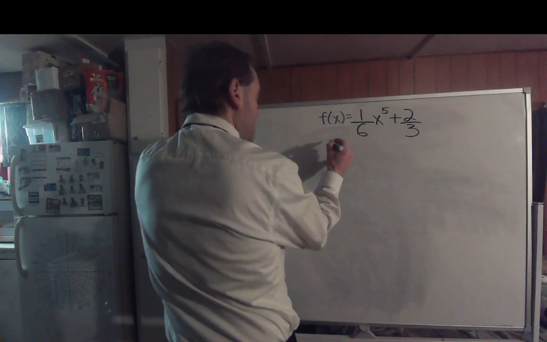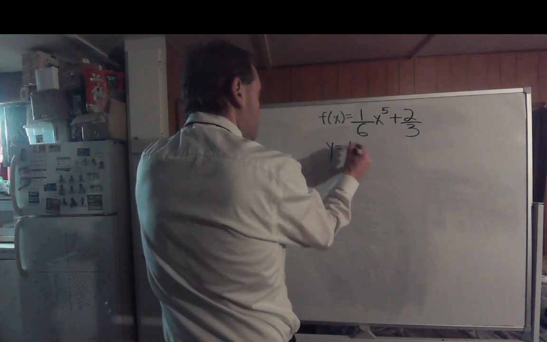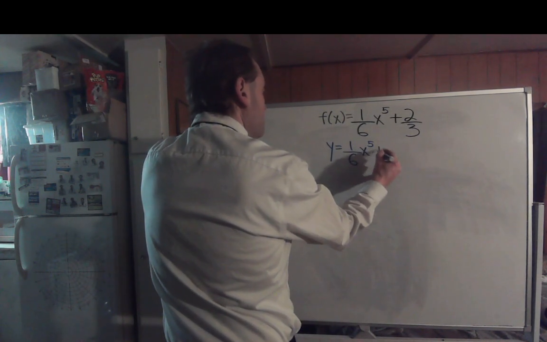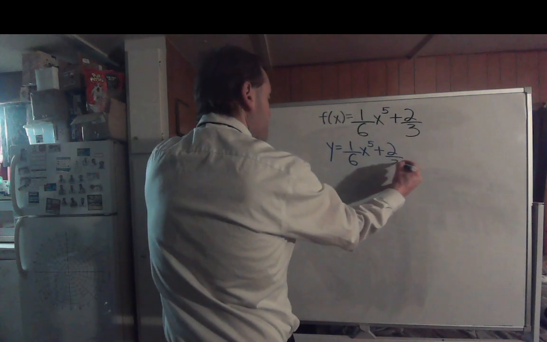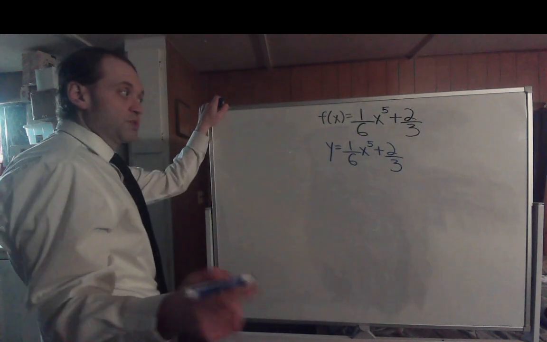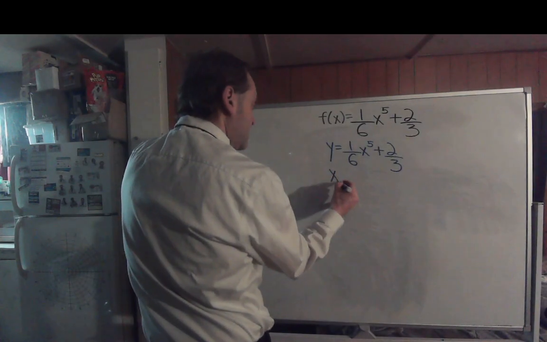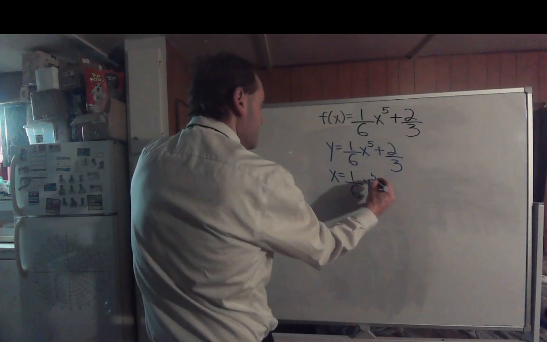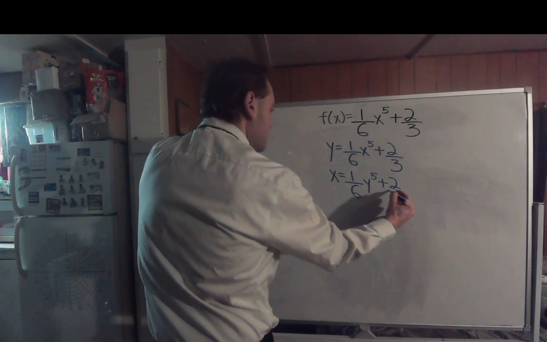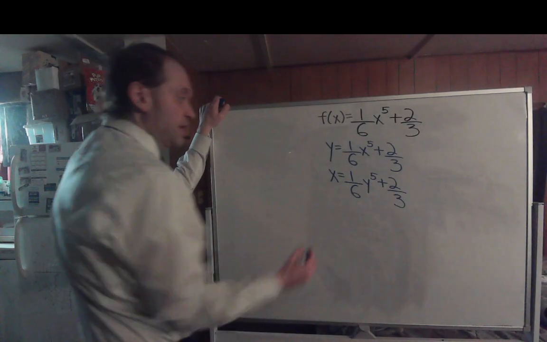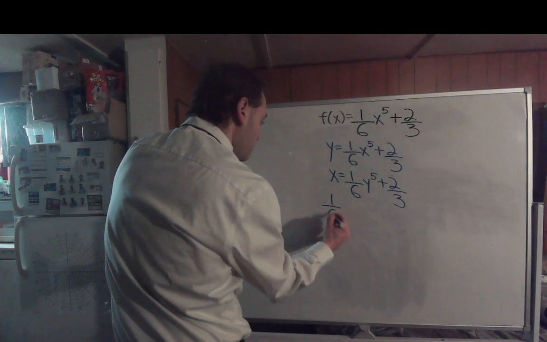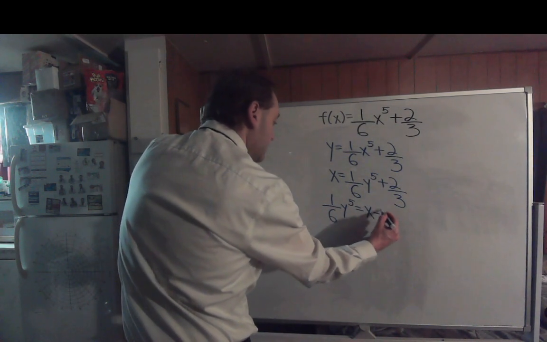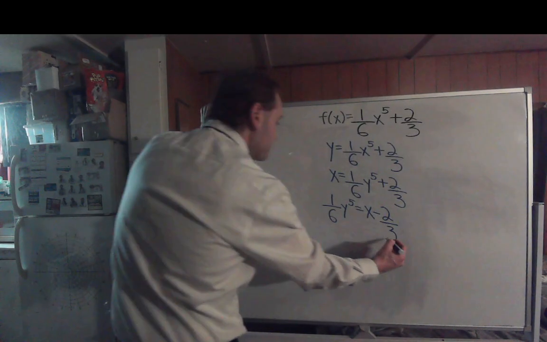All right, so then that means y equals 1/6 times x to the 5th plus 2/3. Now switch places with your x and y, so that means x would equal 1/6 y to the 5th plus 2/3. So then 1/6 y to the 5th would equal x minus 2/3.